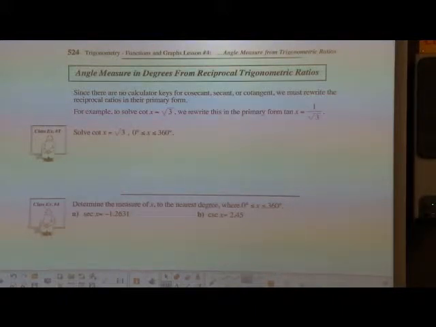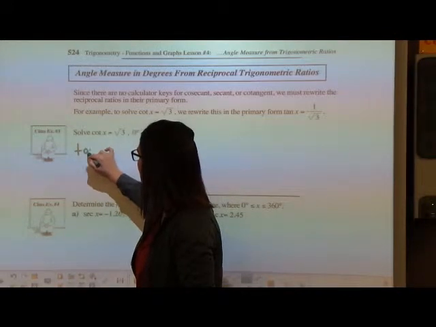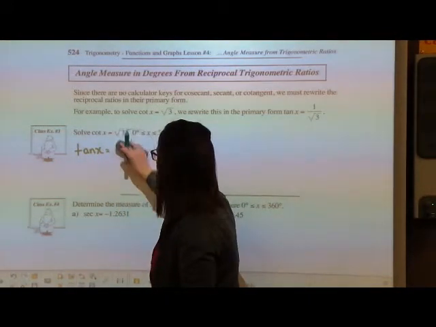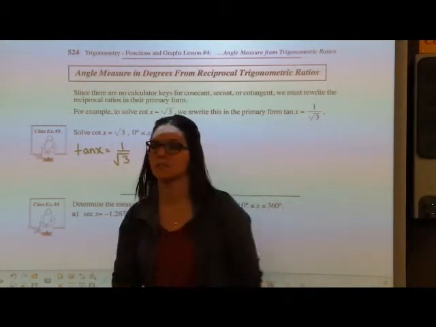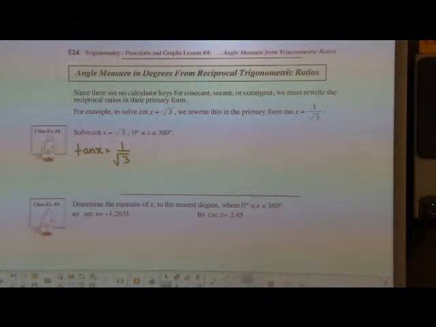For example, if we have the equation cotangent equals the square root of 3, we replace cotangent with tangent, and we reciprocate the root 3 to get 1 over root 3. And then we go through the same processes that we did before.